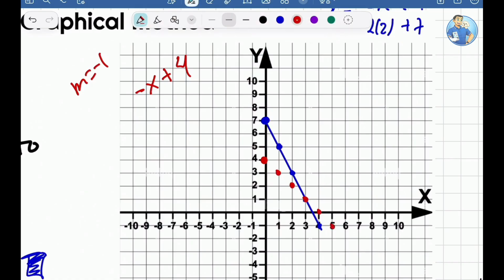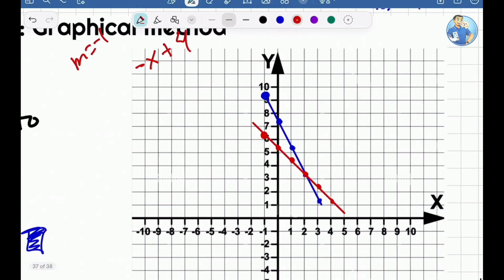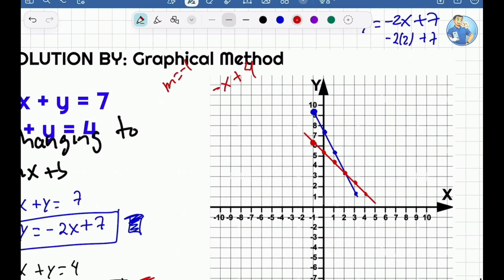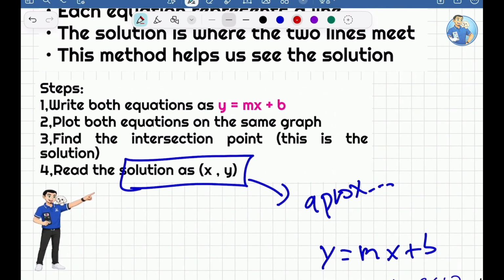We can join the points like this. Now we have two lines, both with a negative slope downwards. What is the solution? Pay attention here. Find the intersection point. This is the solution.